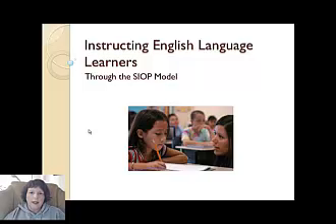So SIOP is both an observation protocol, which means it's a way for school administrators to observe you in the classroom, looking specifically at things that can help English learners be successful in your classroom, but it's also just a suggestion of best practices.